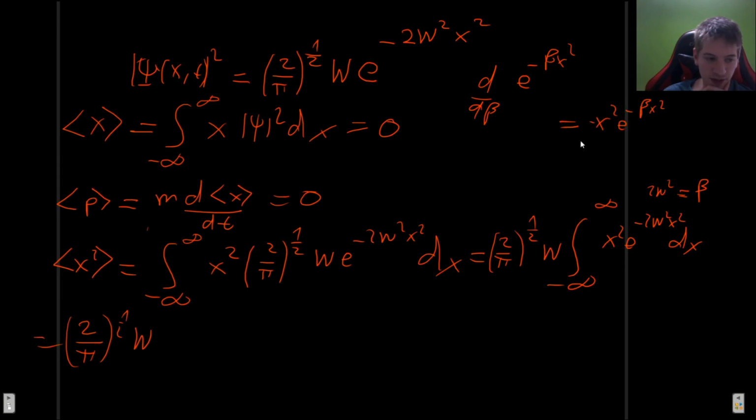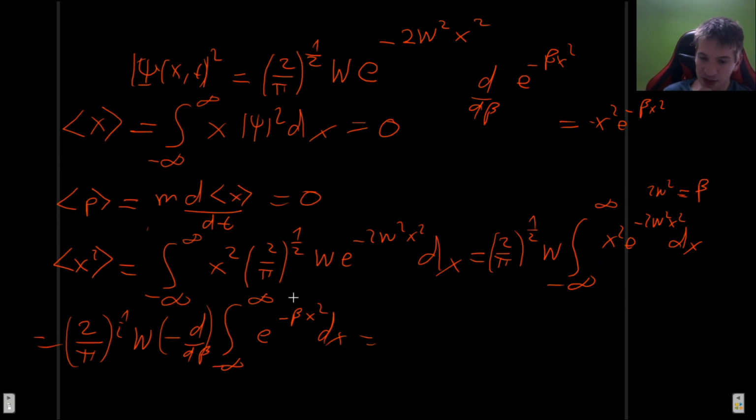We would just get what is inside of our integral, except for that minus sign. So we can now write it as minus the derivative with respect to beta of the integral from minus infinity to infinity of e to the minus beta x squared. We can pull the derivative out of the integral because it's with respect to a different variable.